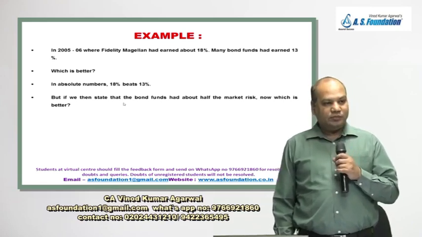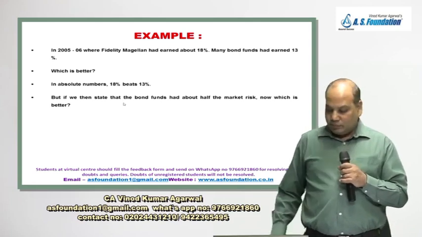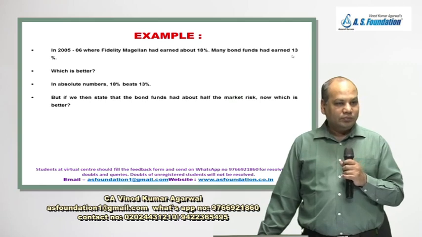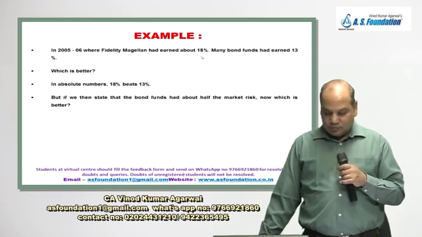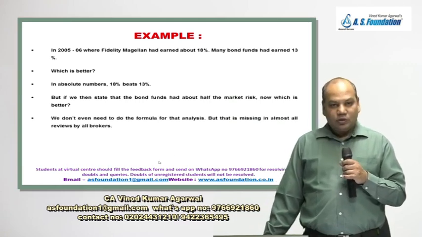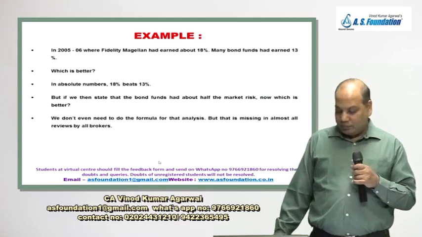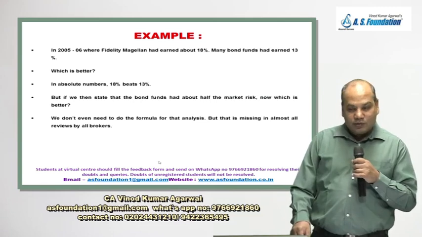Which is better? Without calculation also you can say. At half of this risk we are getting 13%, which is much more than half of 18%. So if I also take into account the risk involved, then we'll say bond fund has performed better. We don't even need to do the formula for that analysis.